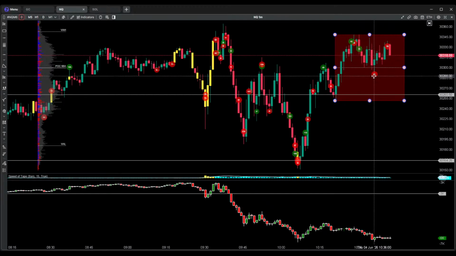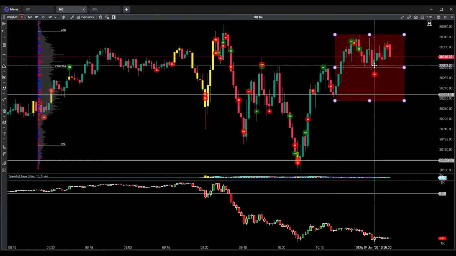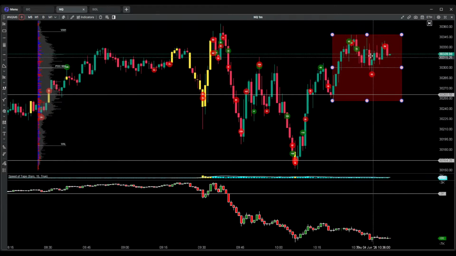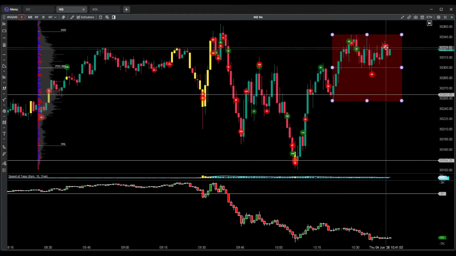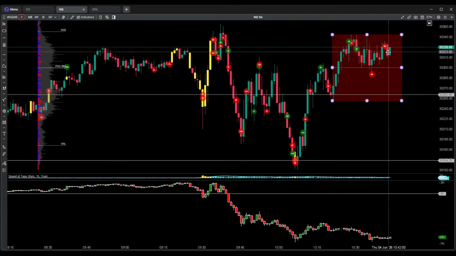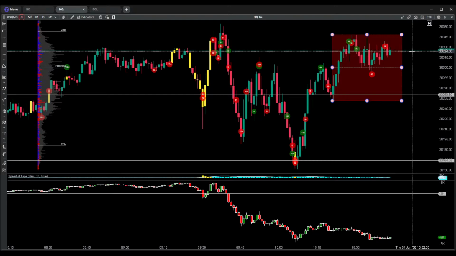We have passive aggressive sellers trapped by passive buyers. We have a wick. I entered. My profit was here, but aggressive sellers again came in, and I got closed with 90 ticks or $45 with 1 micro contract.